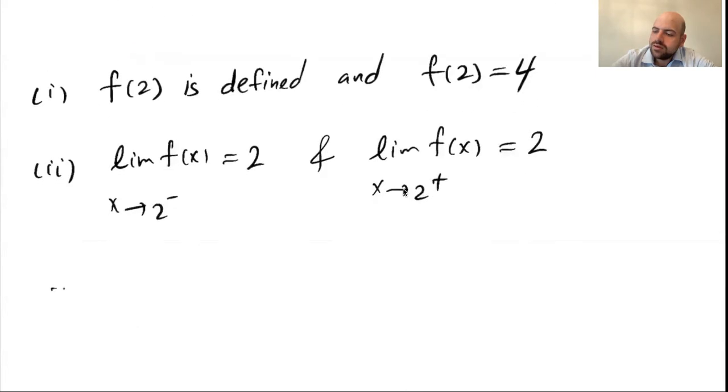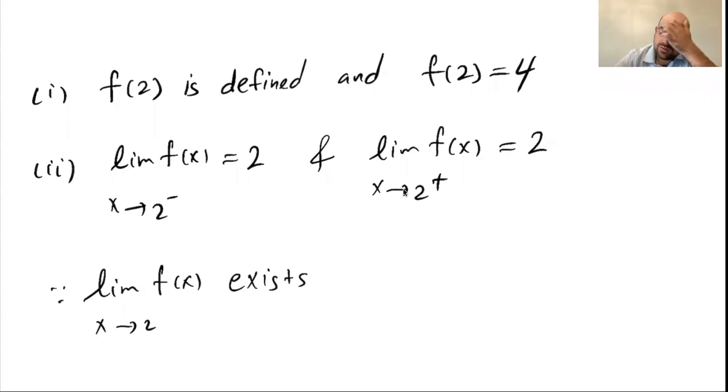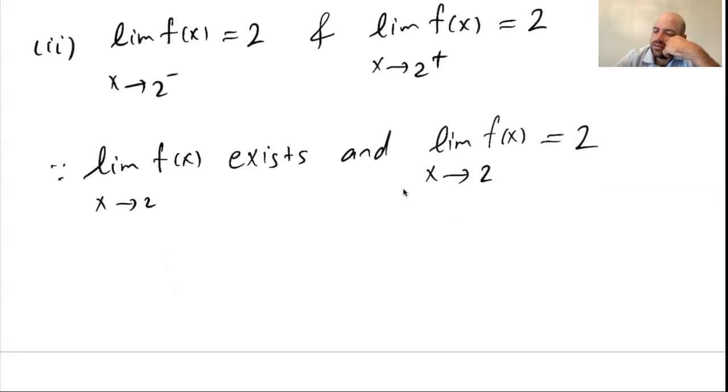So we can say that the whole limit exists because the left limit and right limit both exist and are equal. So the whole limit also exists and the value is equal to the value of those limits, which is 2. The limit of f of x as x approaches 2 is equal to 2. So that was the second condition.